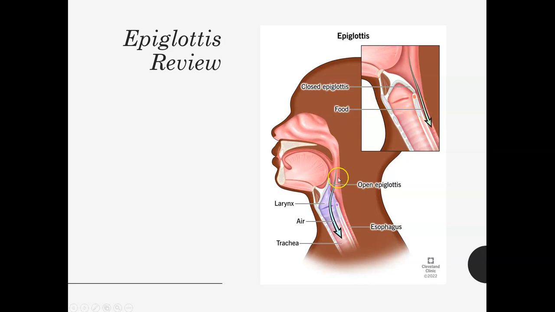It opens when we breathe so the air can come in. This is why, and we'll talk about this when we insert NG tubes, we try to get the patient to swallow some water, so that the epiglottis is closed and the tube will go down into the esophagus and not into the trachea.